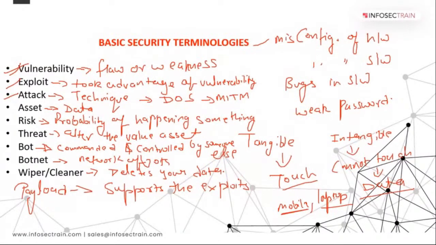If you are commanding and controlling a single device, that is called a bot, and a network of a lot of devices is called a botnet. Okay, great. So is everyone clear with this bit?